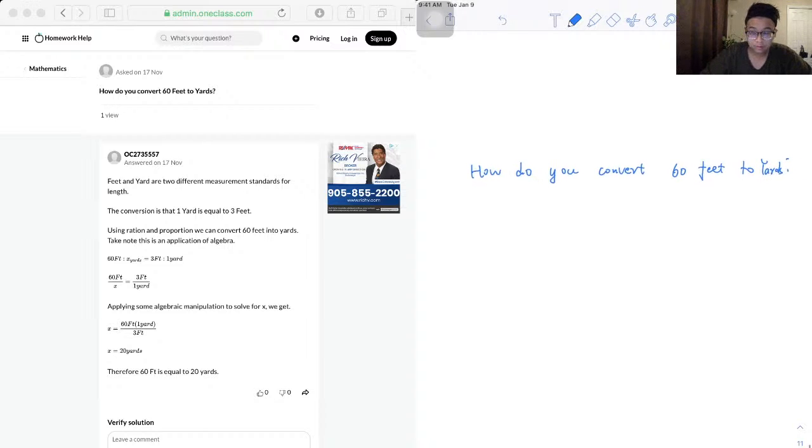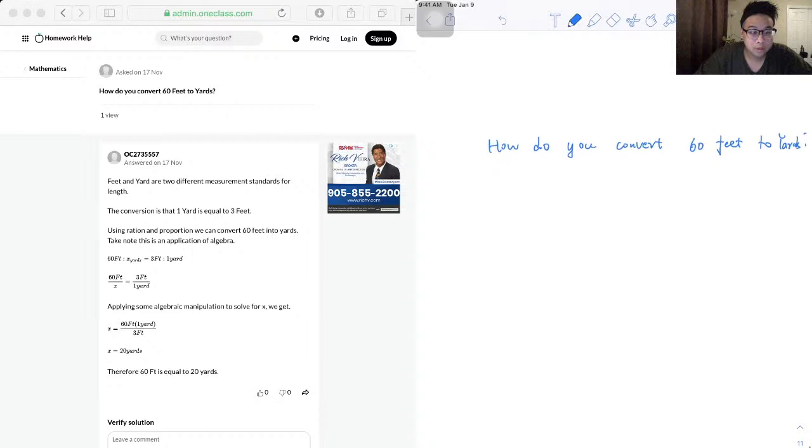All right. So first, feet and yards are two different measurement standards for length. And so first, let's figure out our conversion factor.